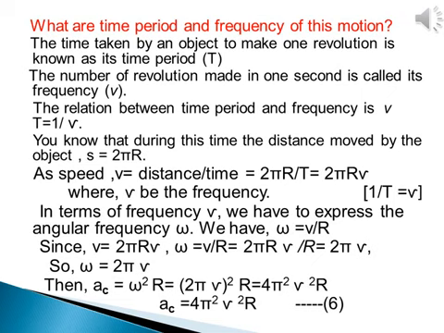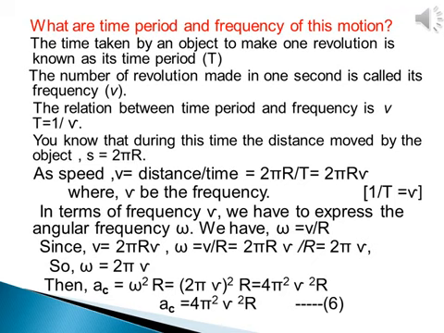Time period is represented by capital letter T and the frequency is represented by the Greek letter ν. What should be the relationship between the time period and frequency? The time period T is the reciprocal of the frequency ν. So, ν is equal to 1/T.